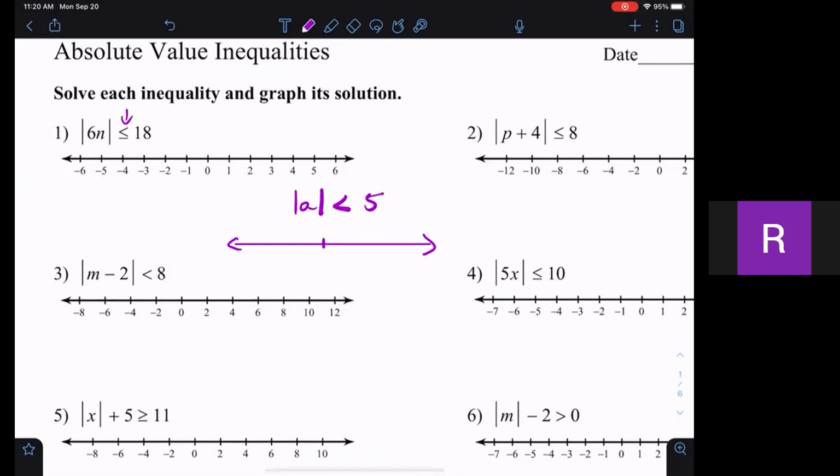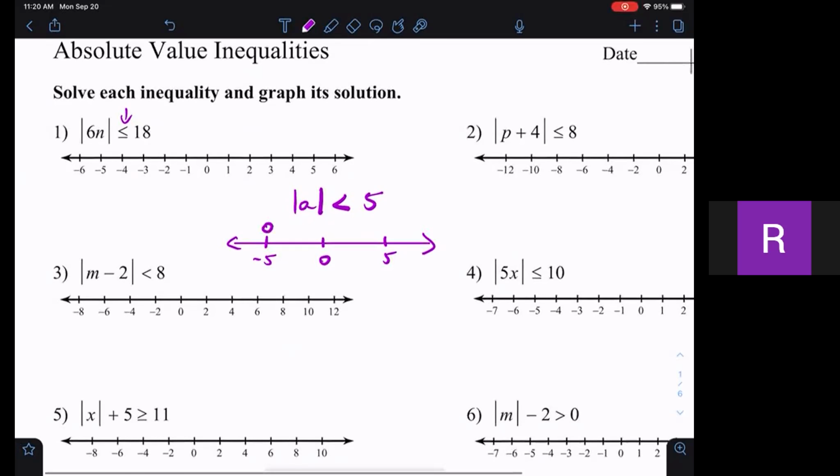So if you think about 0, negative 5, and 5, since this 5 is not included, any value that you put between this range is going to give you the answer, or it's going to be a true statement.